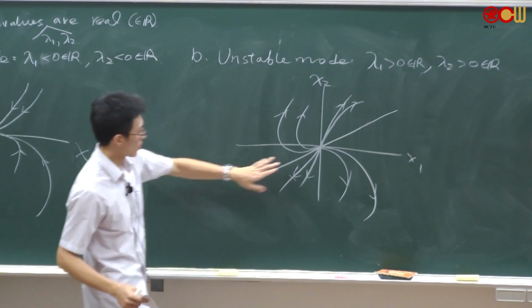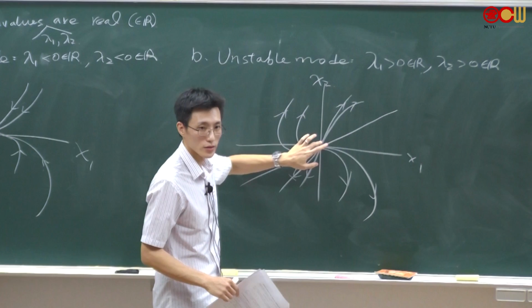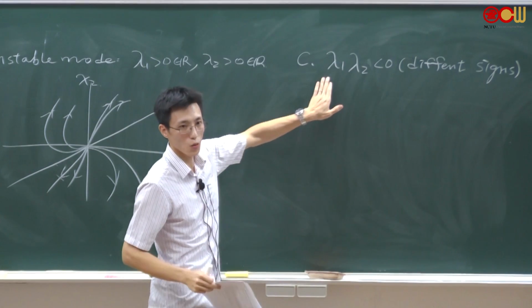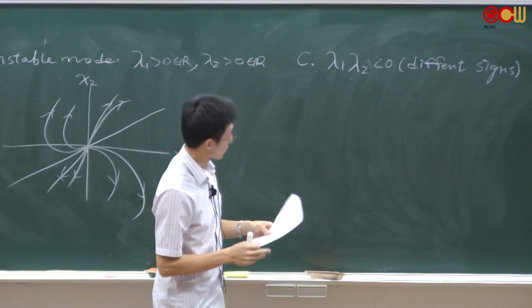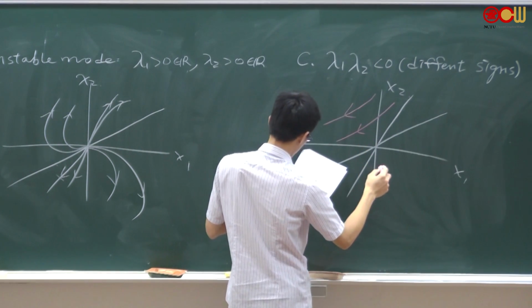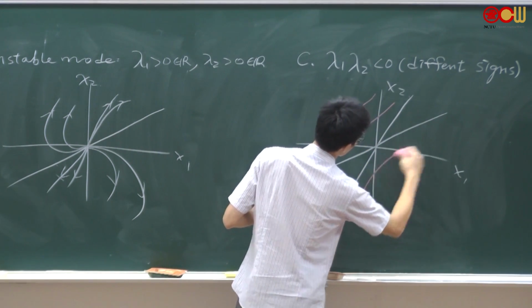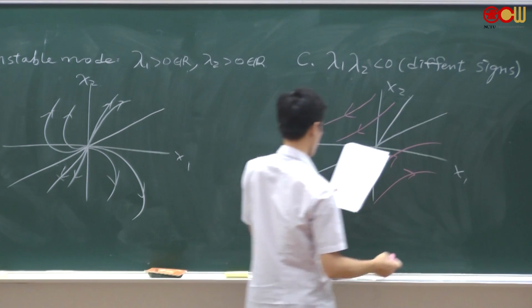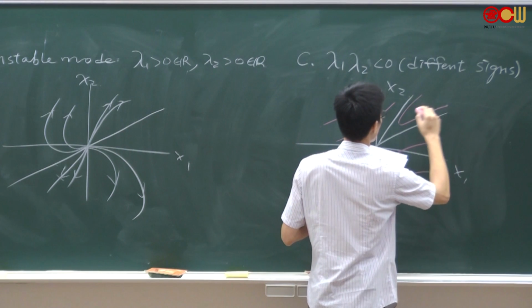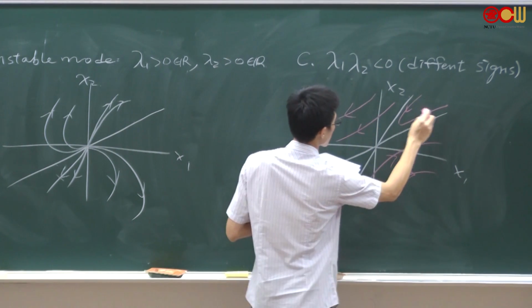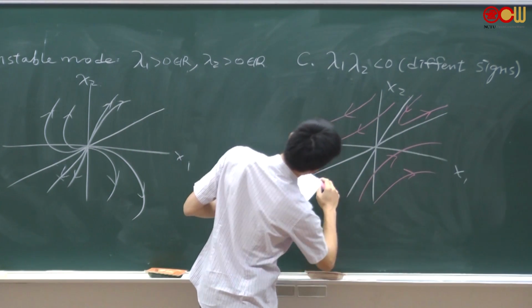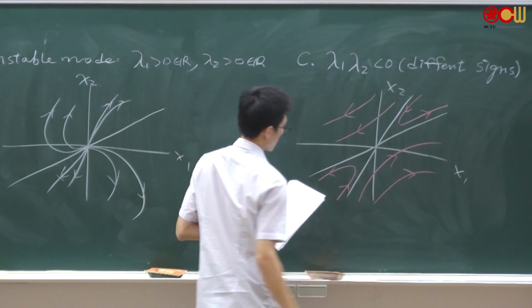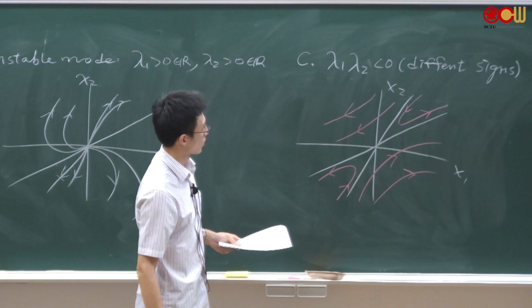So it points outward from the equilibrium point, so it's unstable. And the third case, different signs. So one is positive, one is negative, or the other way, okay? In this case, it's in between.